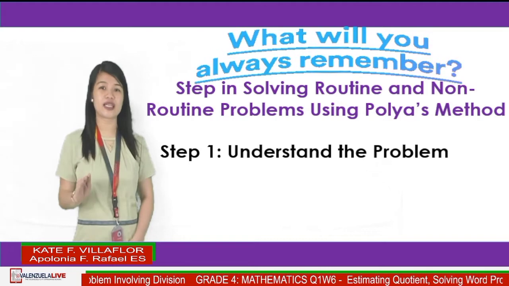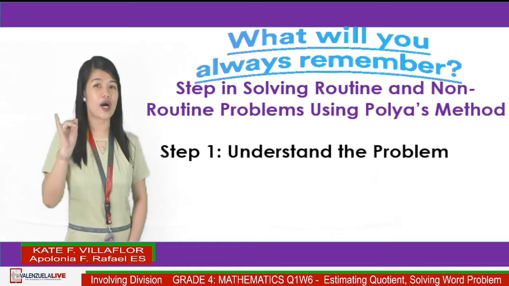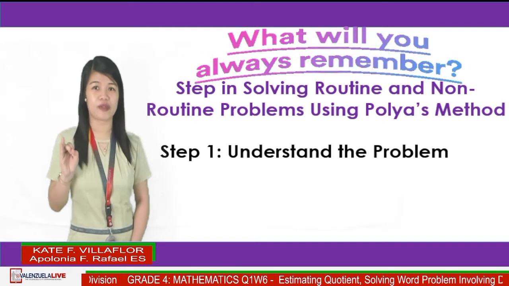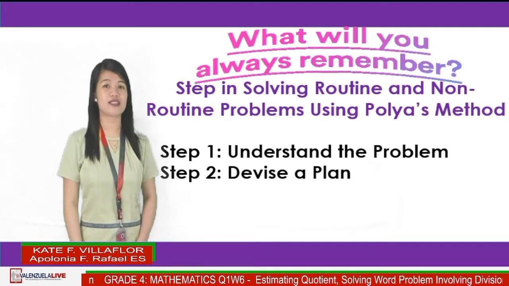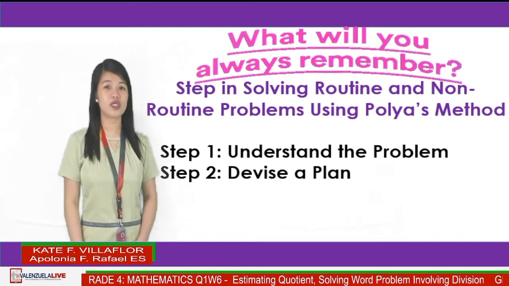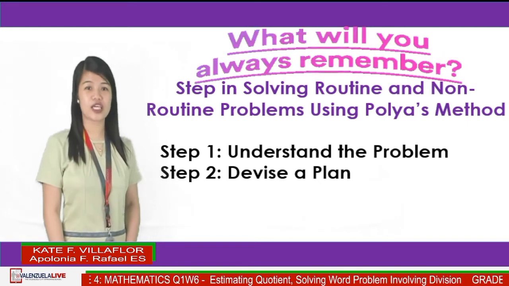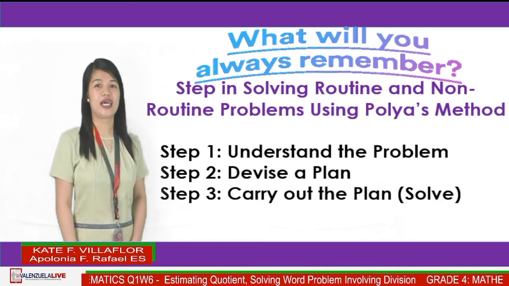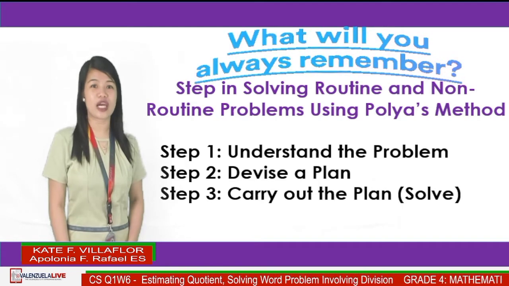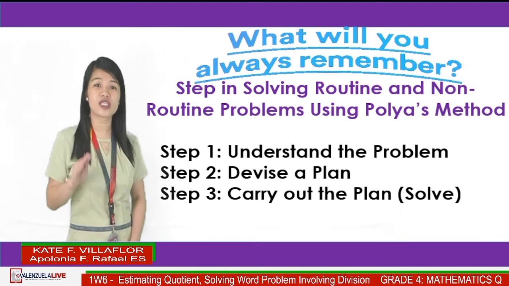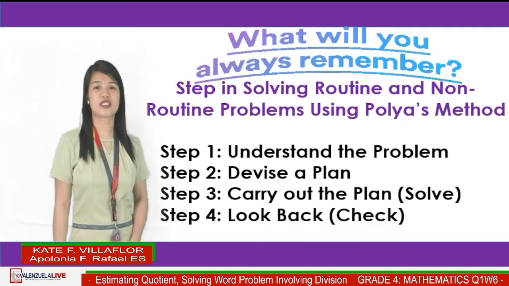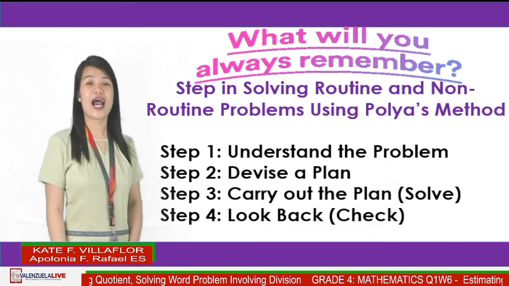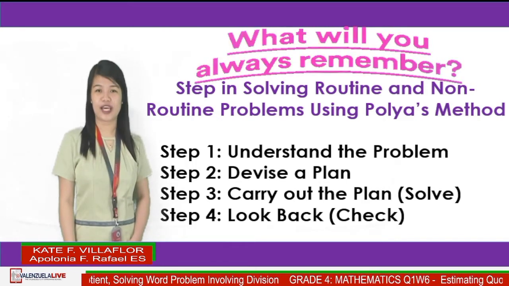Under understanding, we're going to answer what is asked and what are the given facts in the problem. Next is to devise a plan. We're going to know what is the operation to be used and what is the mathematical sentence. And then step 3, you carry out the plan, or you're going to solve. Then step 4, you're going to look back or check your answer if it is correct.